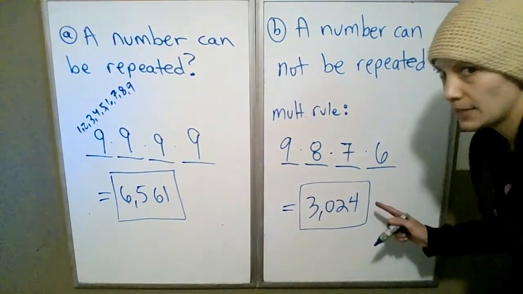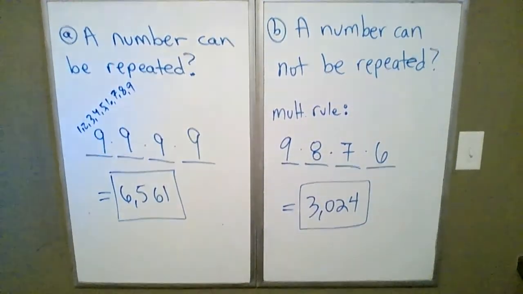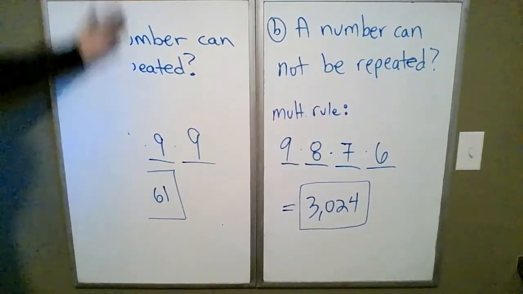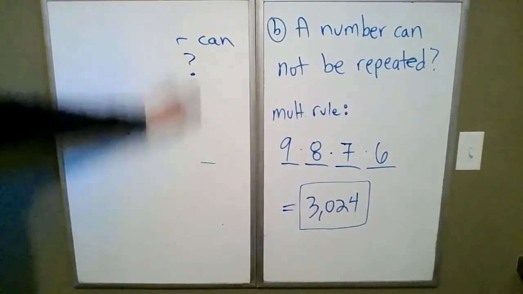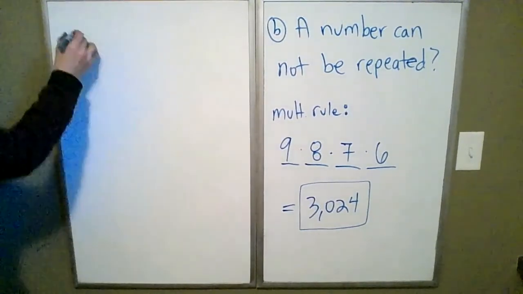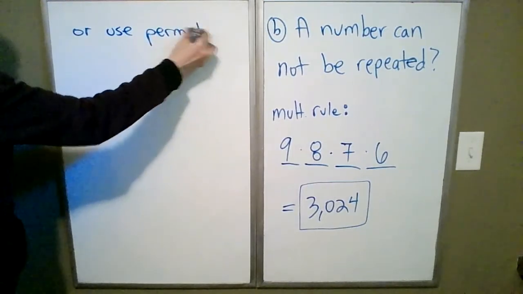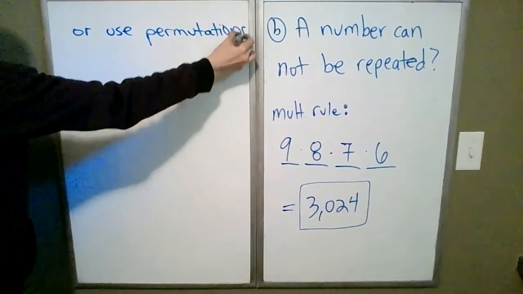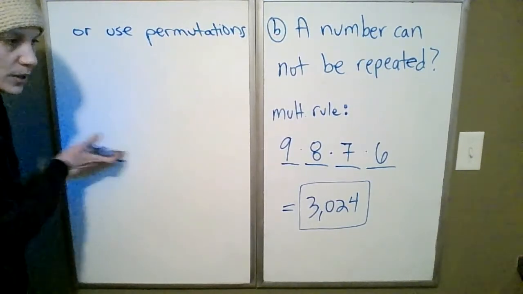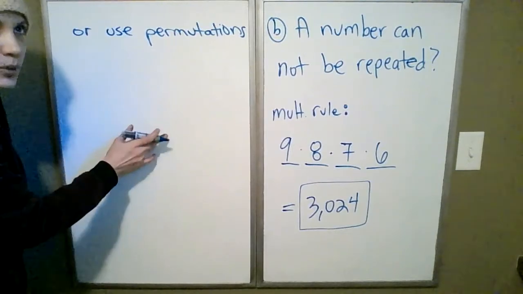Okay, another way to get the same answer would be to use permutations. So it's like I've got my 4 places on my lock, and each one gets its own digit in a certain order.